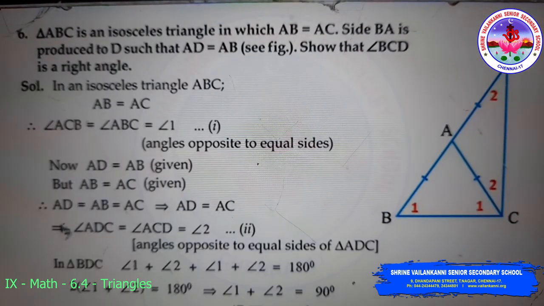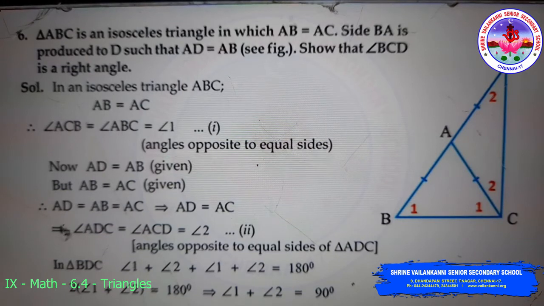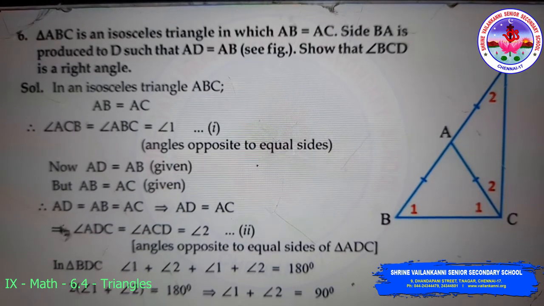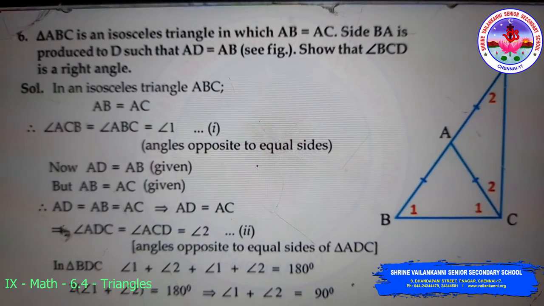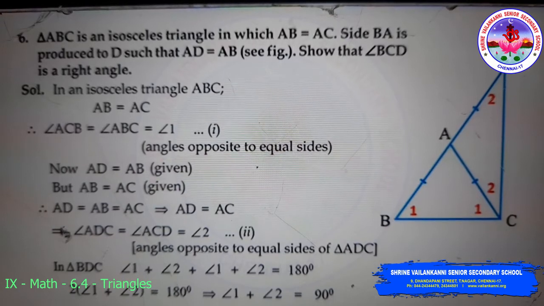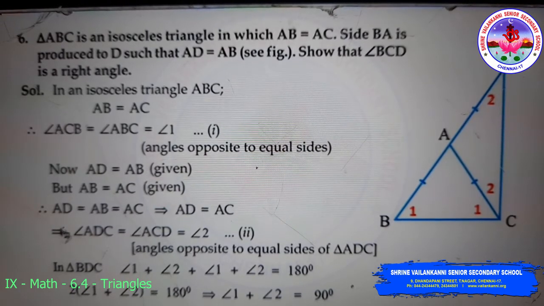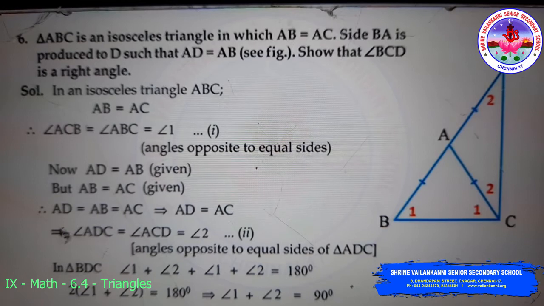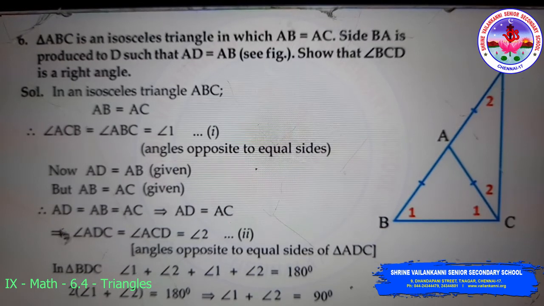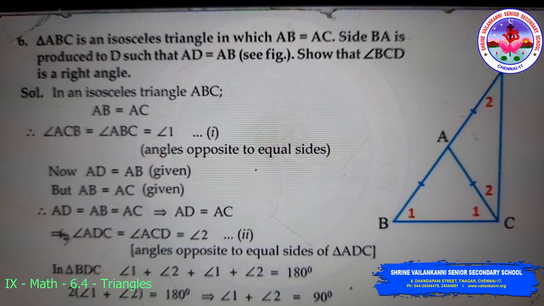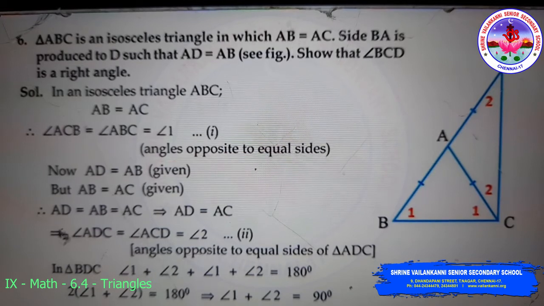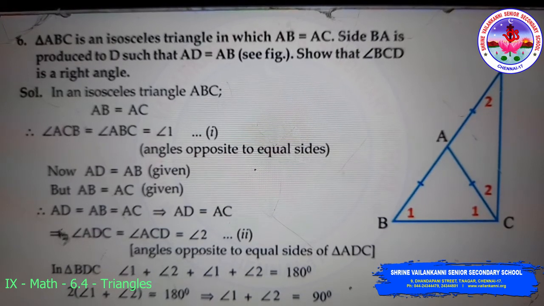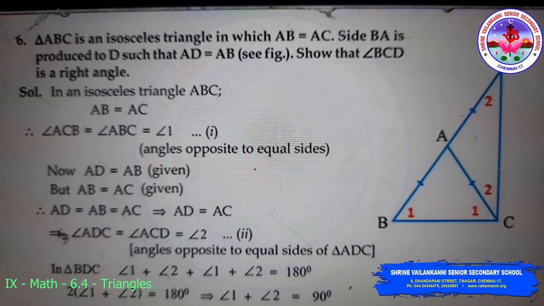We are considering an isosceles triangle ABC with AB equal to AC, as given. So using the isosceles property, we get the angles opposite to equal sides are equal. The angles opposite to AB and AC are angle ACB and angle ABC. So we get angle ACB is equal to angle ABC.